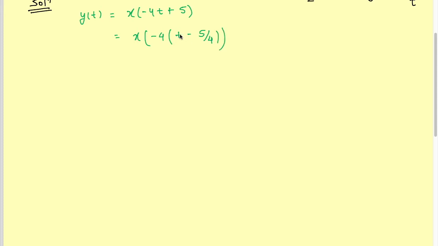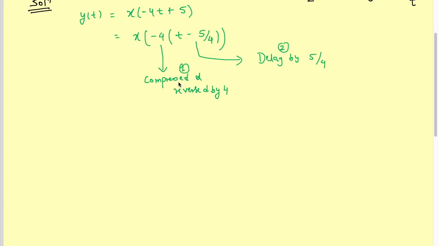So what I have to do here is, since it is minus 4, compress and reverse by 4. Then delay by 5 by 4. So this is my first operation, this is my second operation. This operation I can also break into two parts.